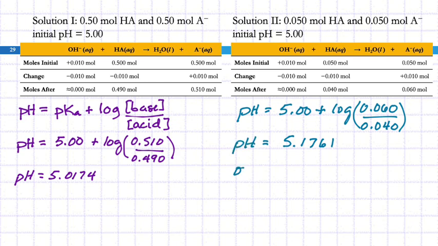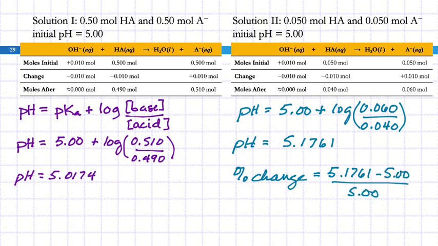So the percent change will be our new pH minus the initial pH, divided by the initial pH, times 100. So this is a 3.5% change.